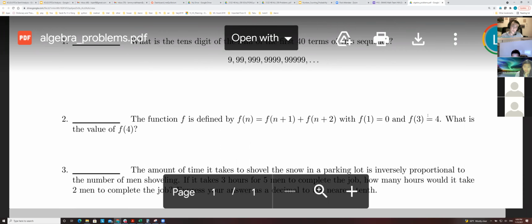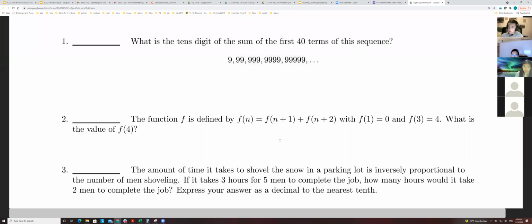We can compute f of 1 is equal to 0, so 0 is equal to f of 2 plus 4. So f of 2 must be negative 4.